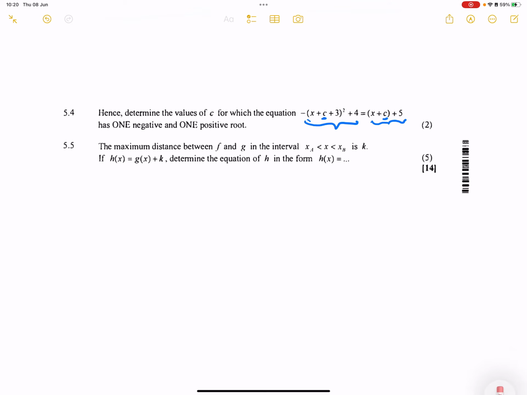So we want to know by how much we will shift the graph such that the equation has one negative root and one positive root.